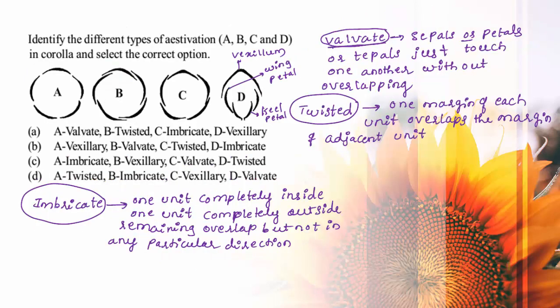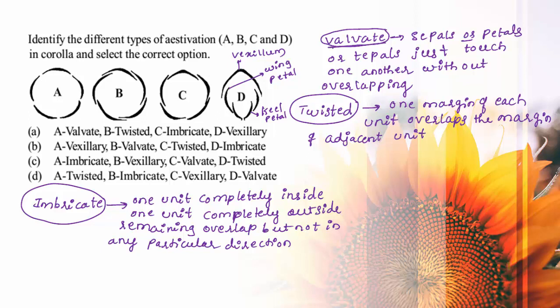Then, the question is with respect to estivation. Identify the different types of estivation A, B, C and D in corolla and select the correct option. What is estivation? It is the arrangement of petals, sepals or tepals.